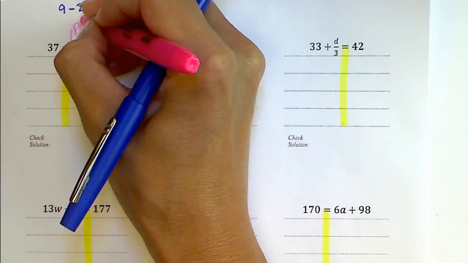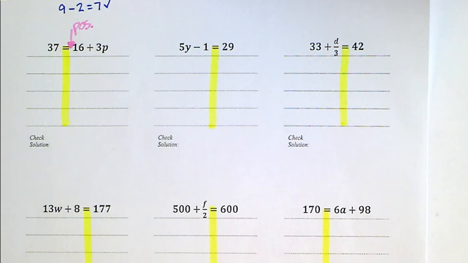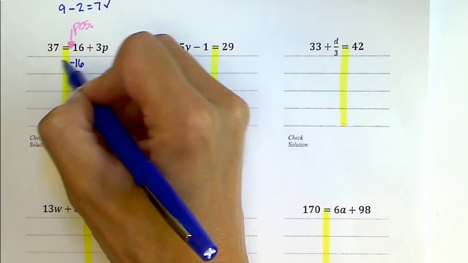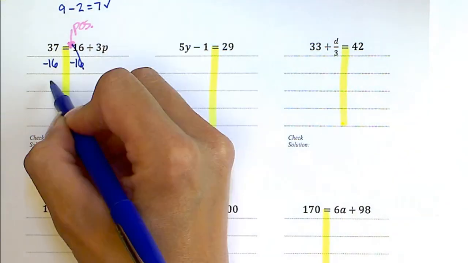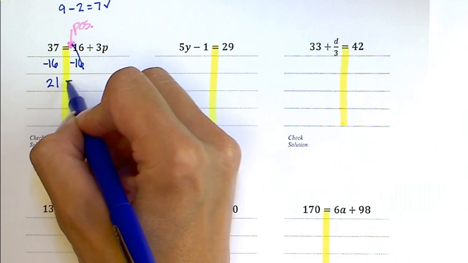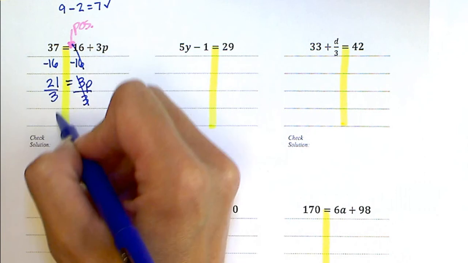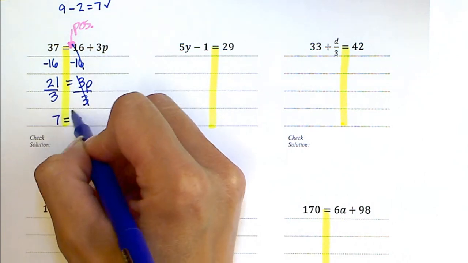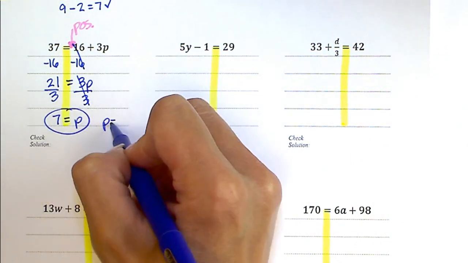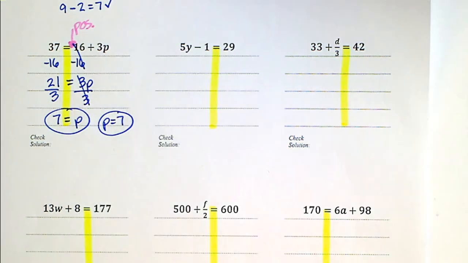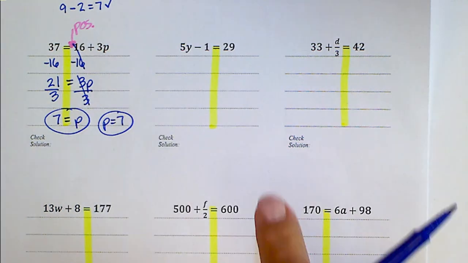And the opposite of a plus 16 is to do a minus 16. So we get 21 equals 3p, and the opposite of multiplying by 3 is to divide, and 7 equals p, or you can say p equals 7. I do not care which way you write that. You can try the middle one on your own.